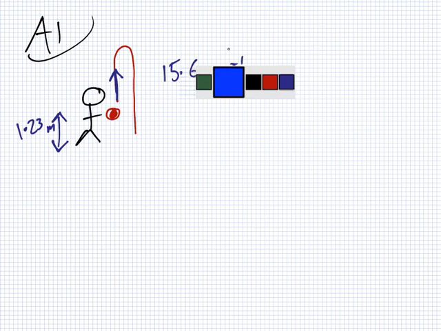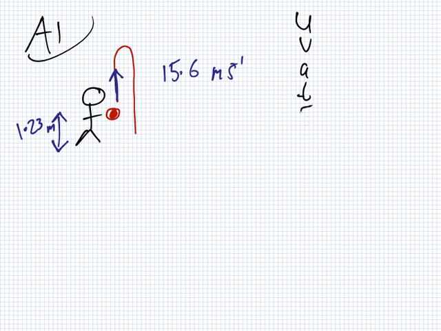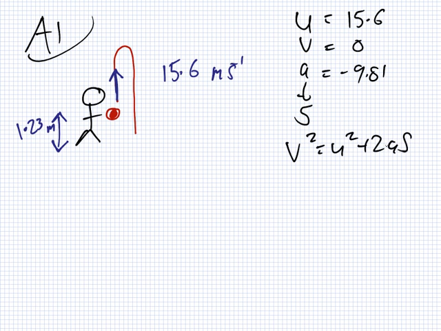So the first question is the maximum height. Well, we know this one. UVATS. U is 15.6, V is 0, A is minus 9.81, and I'll use V equals U. No, I'll use V squared equals U squared plus 2AS.